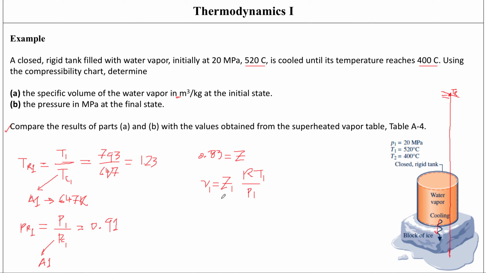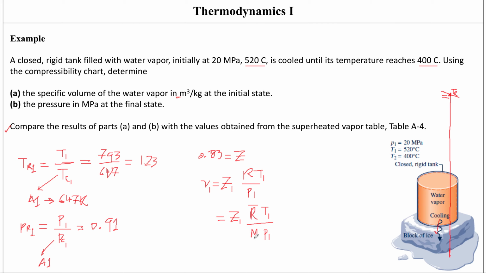Or what I could do is write this in terms of the universal gas constant, so that's going to be equal to Z1 into, because R is equal to R dash by M, I'm just going to substitute that here, R dash into T1 by M into P1.